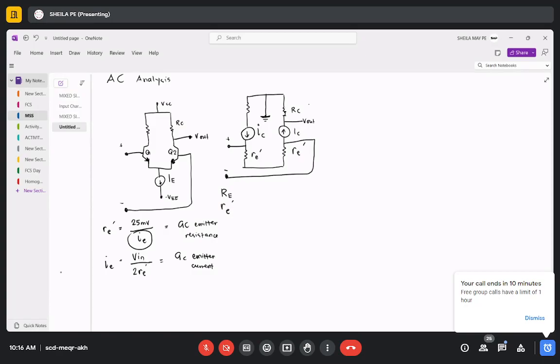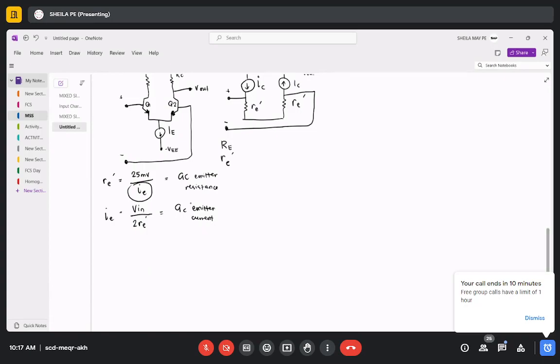Okay, that's our RE prime and IE. Another formula regarding AC analysis is the output voltage.